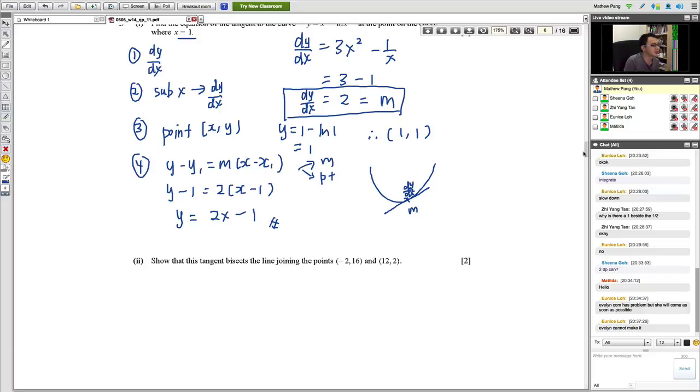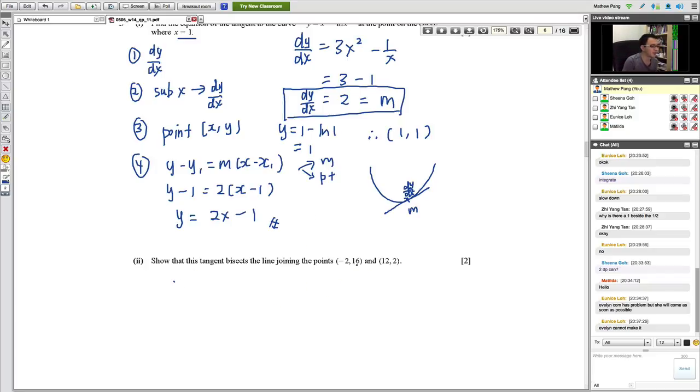Alright, so part 2: show that this tangent bisects the line joining these 2 points. So first thing, we need to show that this tangent bisects the line joining the points.